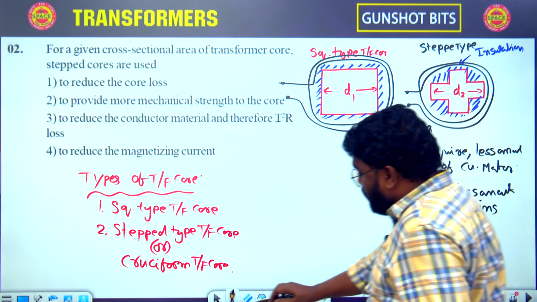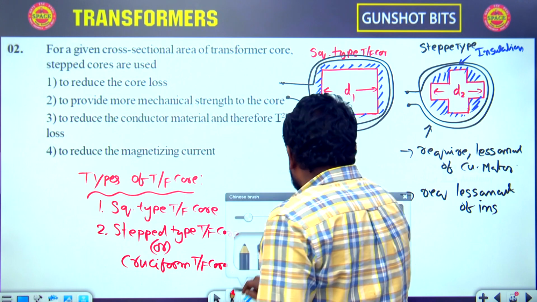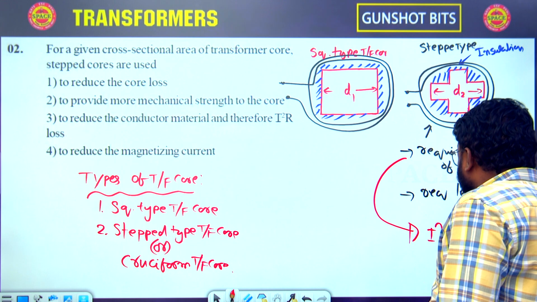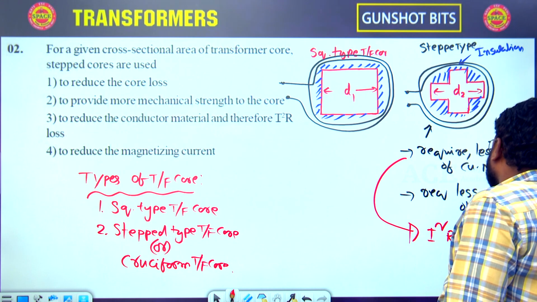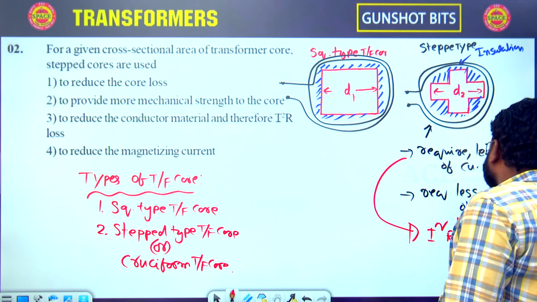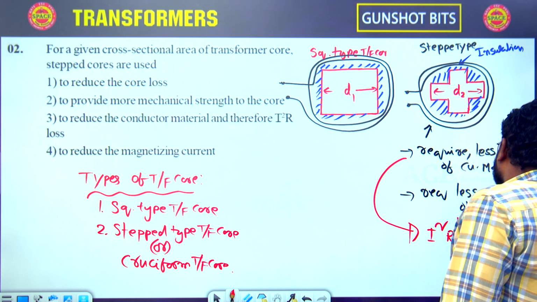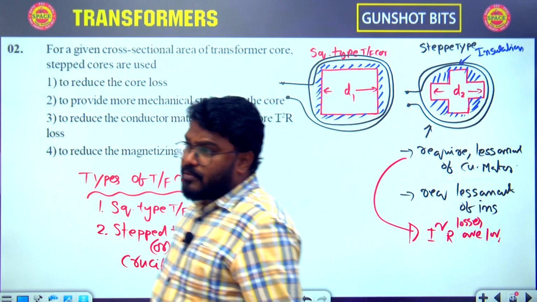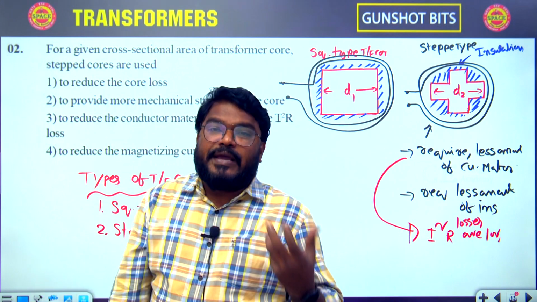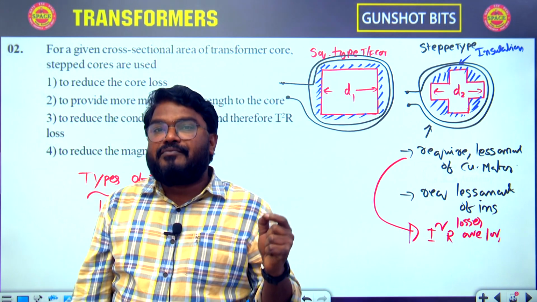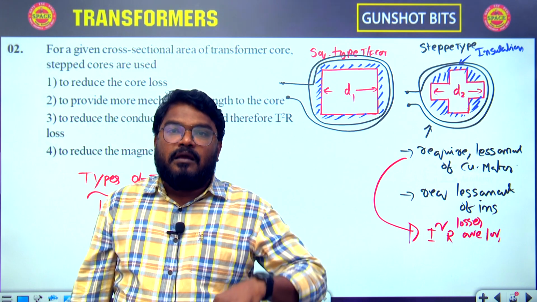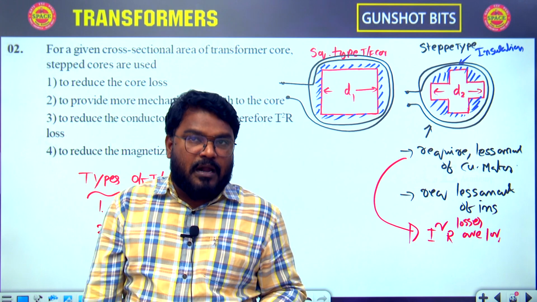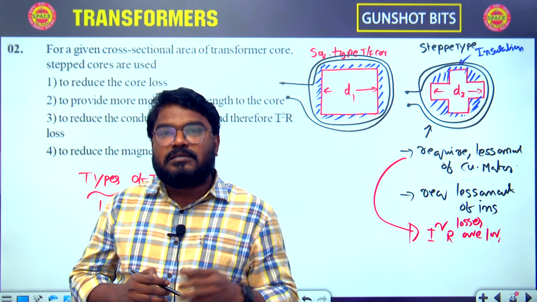One more thing: when copper material is less, what will happen? The I square R losses are low. These I square R losses are low in case of the stepped type transformer core. I square R losses means wastage of power in the form of heat due to temperature rise in the winding part of the transformer, known as I square R losses or copper losses of the machine.